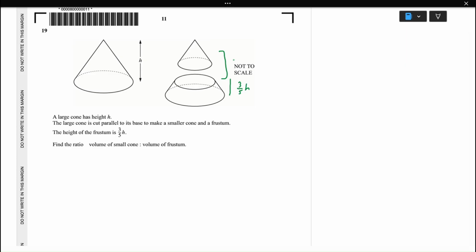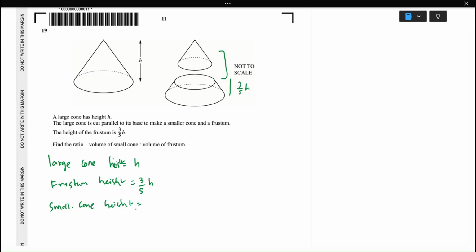Okay, let's first take the large cone. The large cone height is h. Next, the frustum height is also given: it's 3 by 5 h. Now I'll find the small cone height.